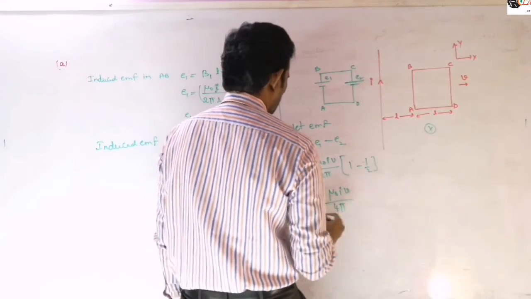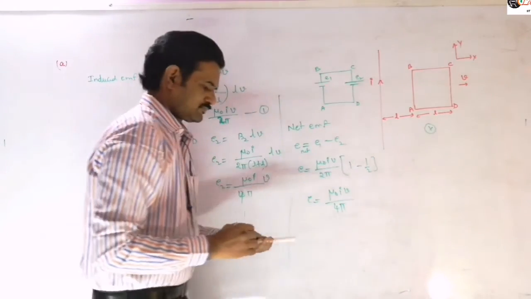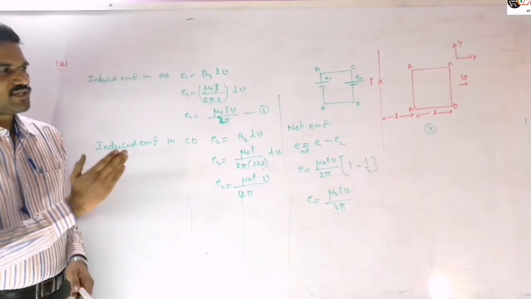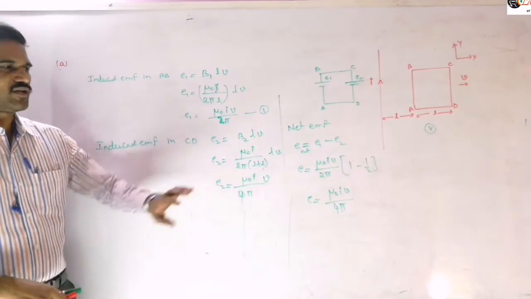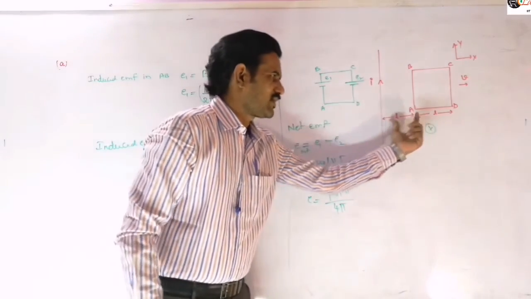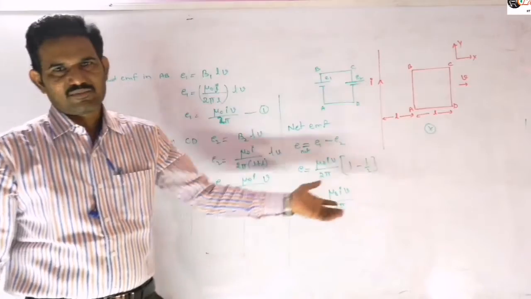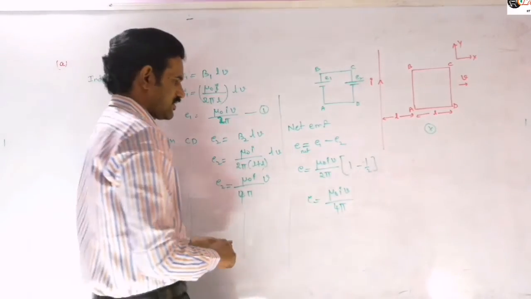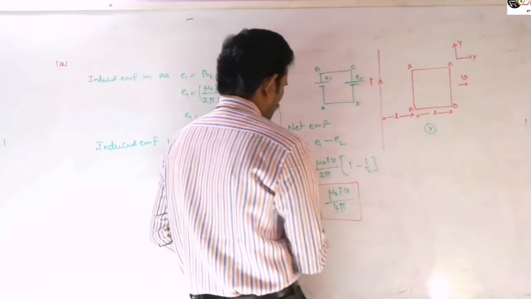This is the EMF produced here. As I am taking L and L, we are getting that value, or if you take this as some A and this as some B, then you may get expressions in terms of A and B. So you need to note that.